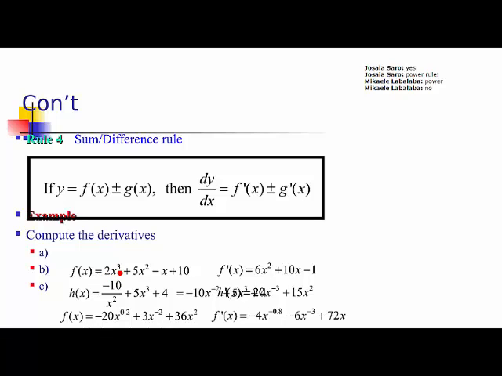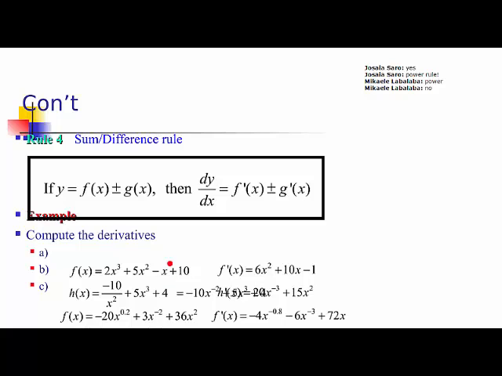So you have to apply the rule here, which is you're going to multiply the power in front with the constant, which is 2 times 3 is 6x. Now you're going to do minus 1 to the power, which would be 3 minus 1 is 2. So see, you have 6x squared over here. Then you do the same thing for 5x squared, which is 5 multiplied by 2, that is 10x. 2 minus 1 will be 1, so we have 10x.